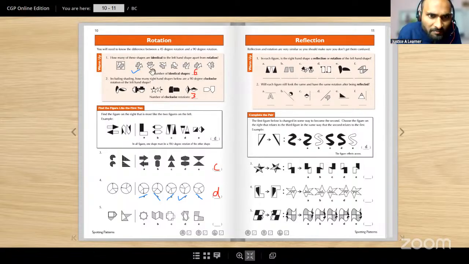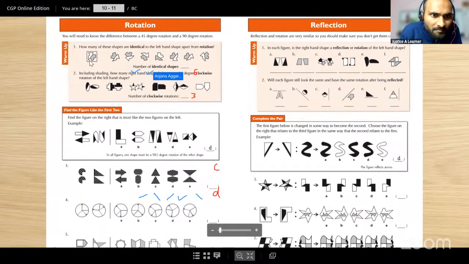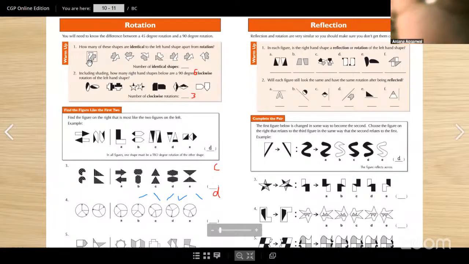Wait, let me zoom in. This shape has this side and this.